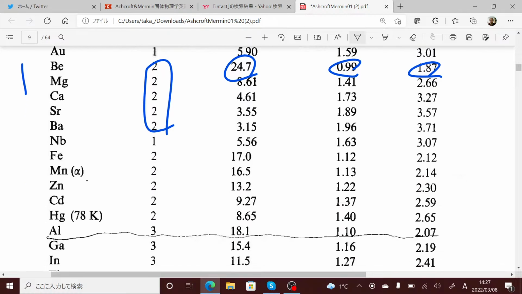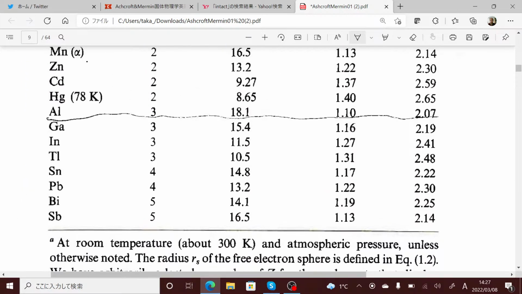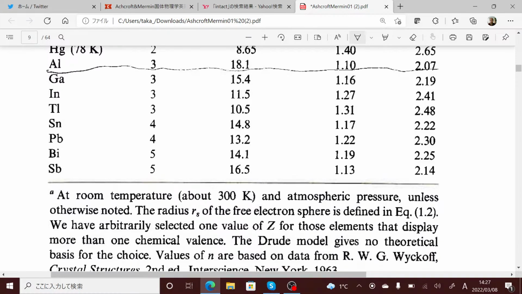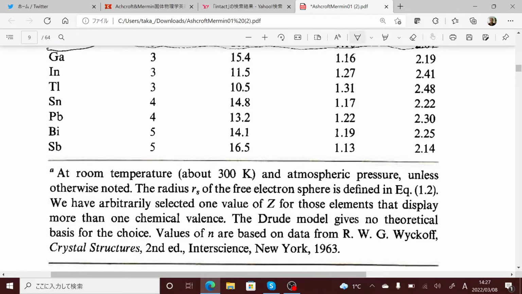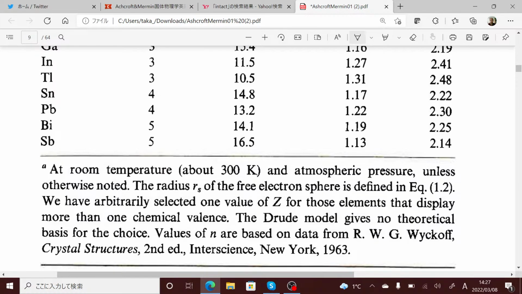Okay, so room temperature above 300 kelvin and atmospheric pressure, unless otherwise noted. The radius rs of the free electron sphere is defined in equation 1.2.